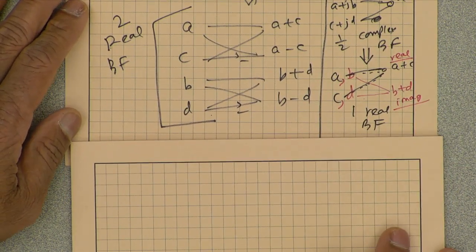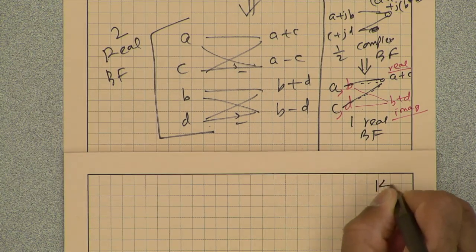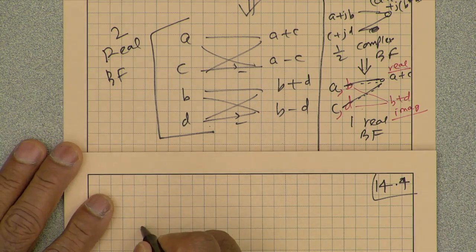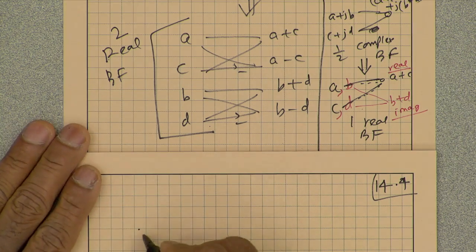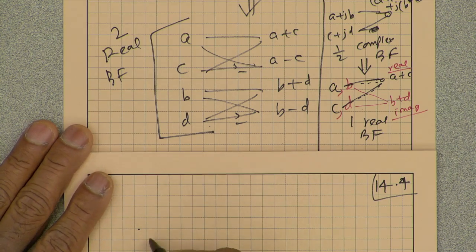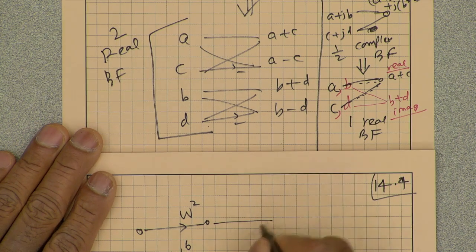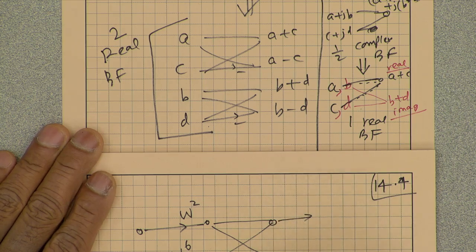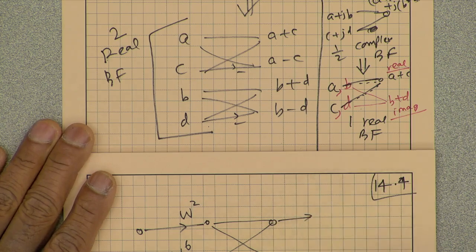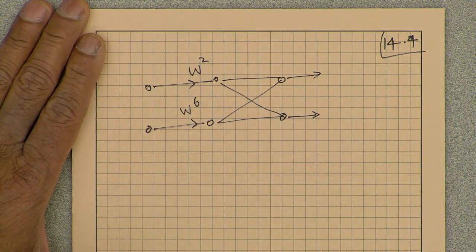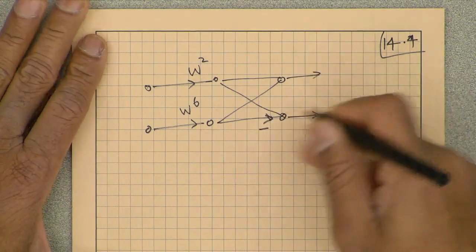Let's just briefly talk about a few more things. Let's say that I have a signal here, I multiply by W squared, I multiply by W to the power 6, then we have the butterfly, and then there is some other twiddle factor.